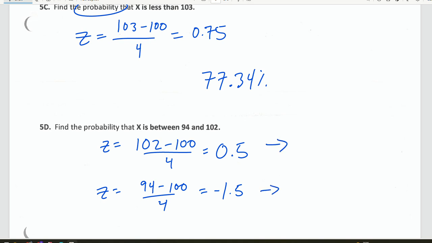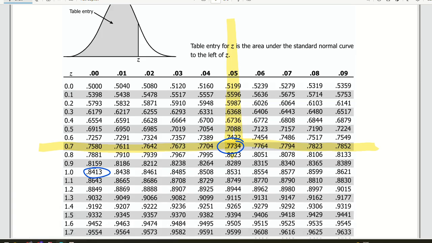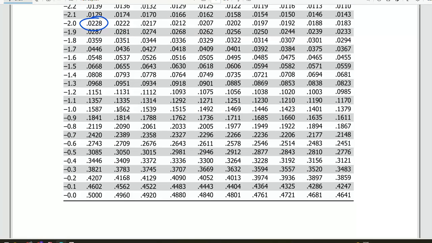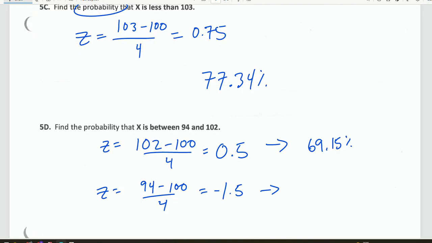So 0.5 is 69.15, and then -1.5, that's 6.68.